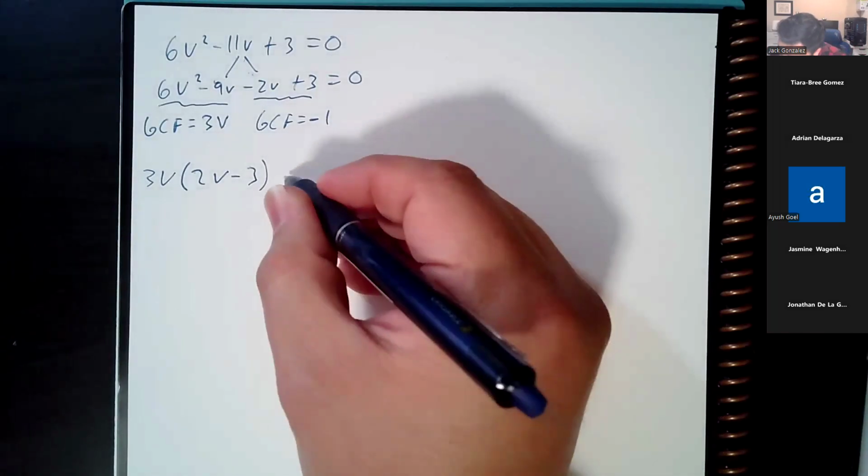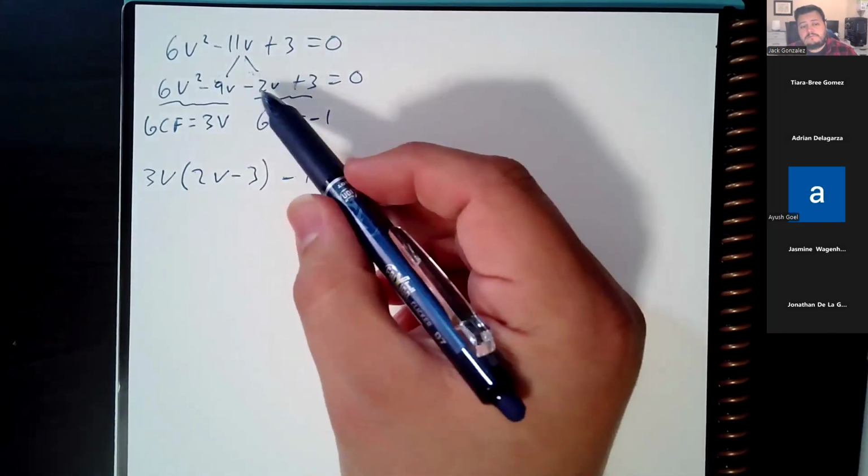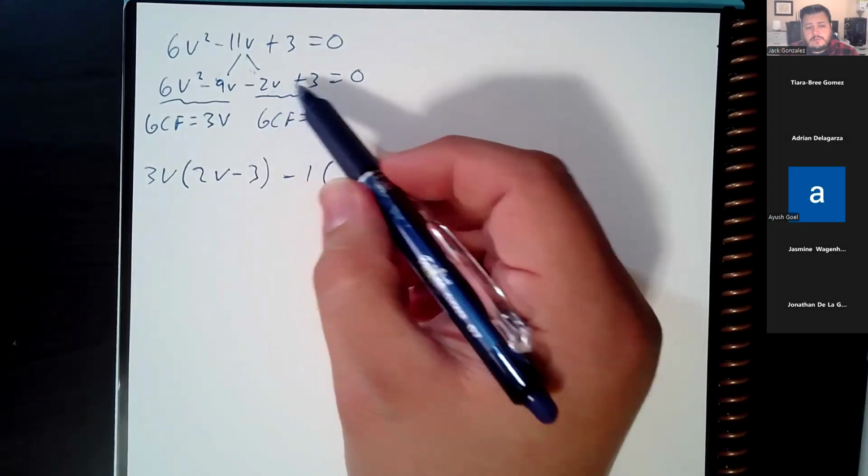If I factor a negative out of the other one, what happens to the signs? Yeah, remember?